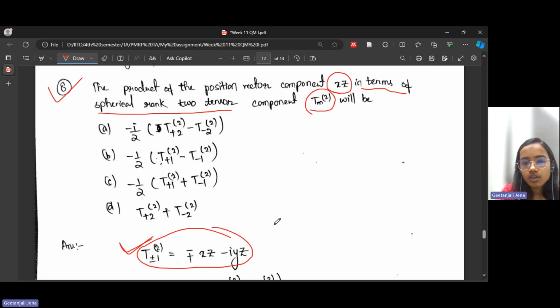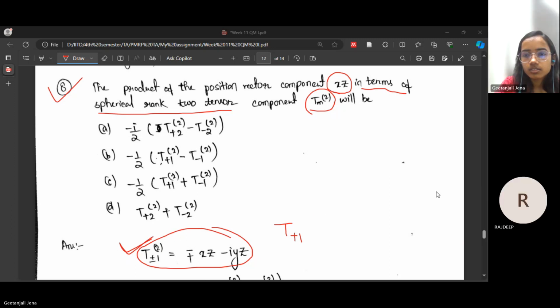So for T plus 1, 2, you will get minus x z, minus I times y z.